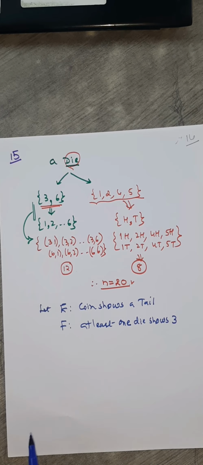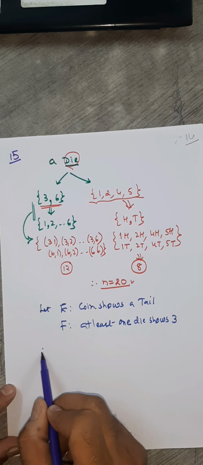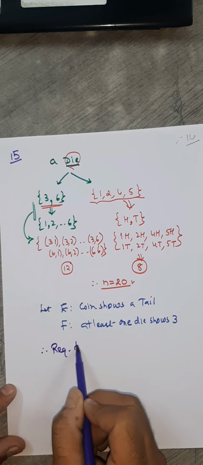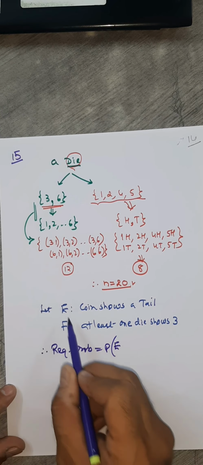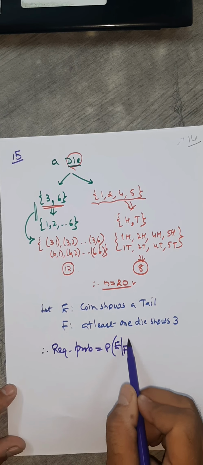This is event F. Now this event has already occurred. Given that means this has occurred. So the required probability equals the probability of event E given the event F.